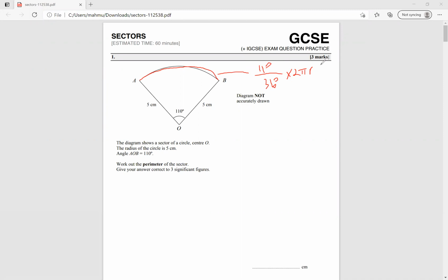Then you add those lengths as well. So I'm going to change the color. Then you add the two lengths, which is 5 here and 5 here. So that's 10. So that comes to 9.59 plus a 10. So that answer should be 19.59. Did that make sense? Yeah.